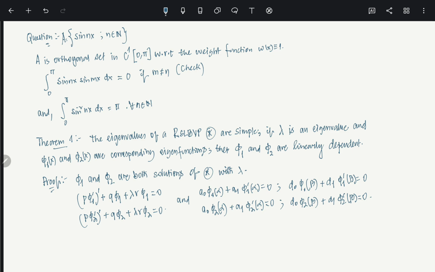Now what does this condition say? It says that the Wronskian of phi1 and phi2 at the point alpha is 0. Similarly for beta we can say the exact same thing. So there exists a point in the interval [alpha, beta] where the Wronskian of the two functions is 0.